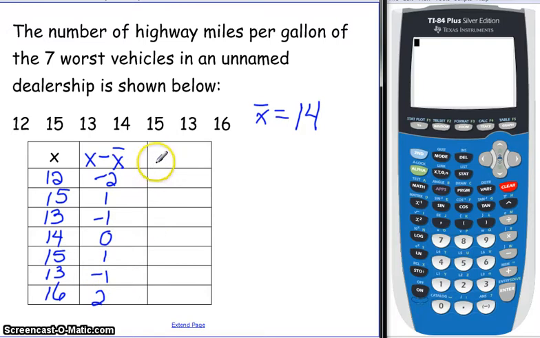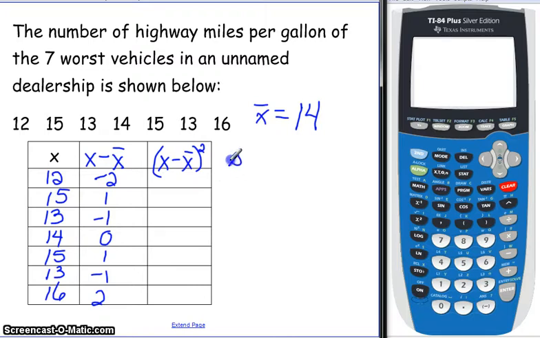Then our next step in our formula for standard deviation is to square these differences. So we need a column that does that, x minus x bar, and we're going to square each one of those. Because our formula for the standard deviation looks like this.